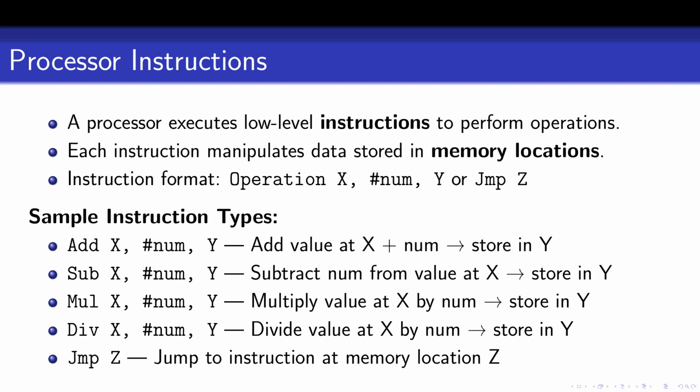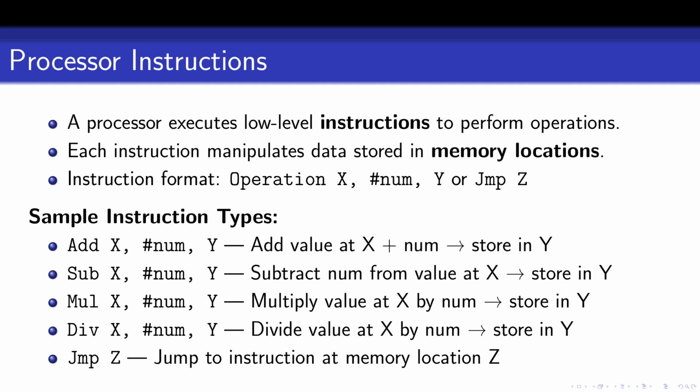Now let's talk about what those instructions look like. At the lowest level, processors understand simple commands like add, multiply, or jump. These instructions follow a predictable format. Each instruction corresponds to a specific operation in the processor.